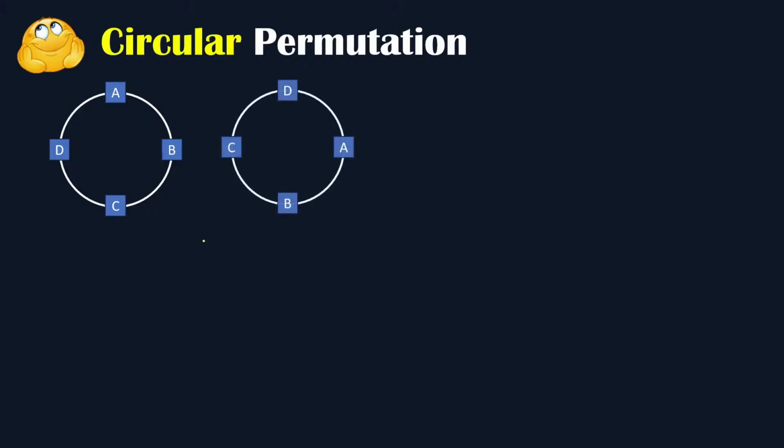Suppose I have given you that arrange 4 people A, B, C, D around a circular table. So this is the first case where A, B, C, D are seated on the chairs in this pattern. Now A, B, C, D have simply shifted their places and they are sitting on the circular table now in this way.